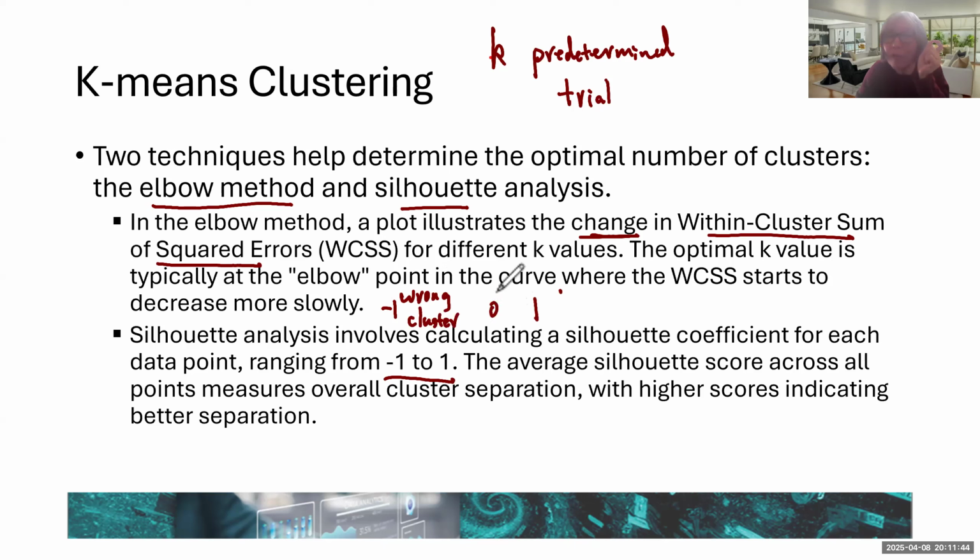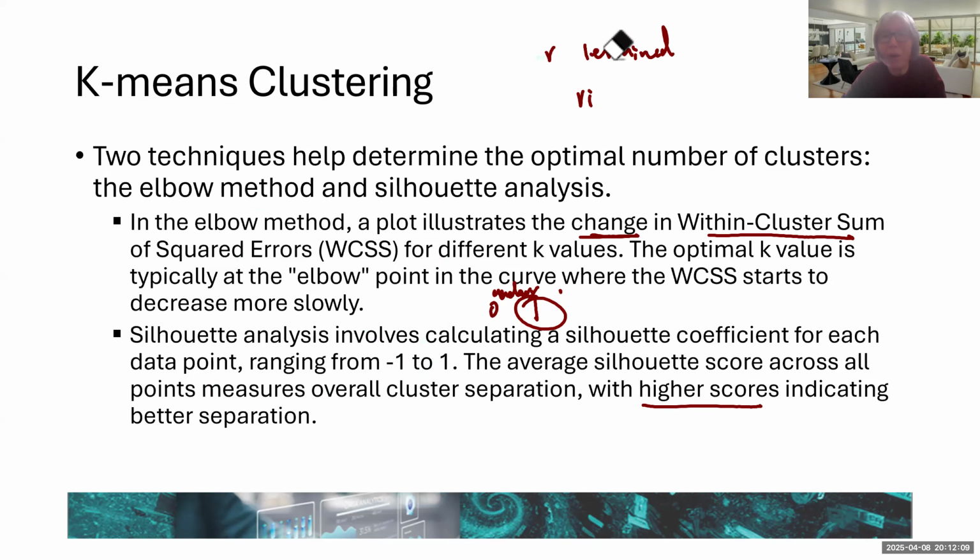And if it's close to 0, that means it's on the boundary between 2 clusters. So close to 1 is better. The higher silhouette score indicates better separation. So you can combine both of these for the optimal choice of the K value. Okay, so this is the idea about silhouette clustering.